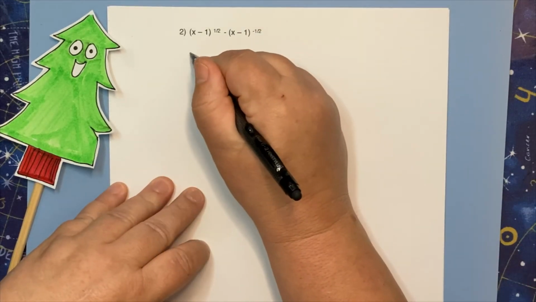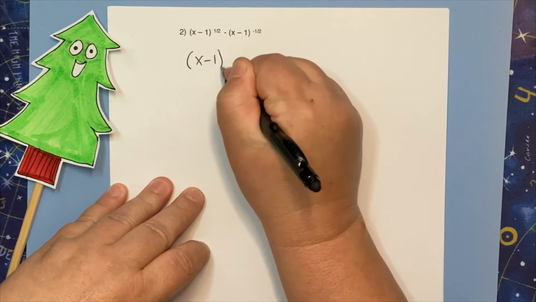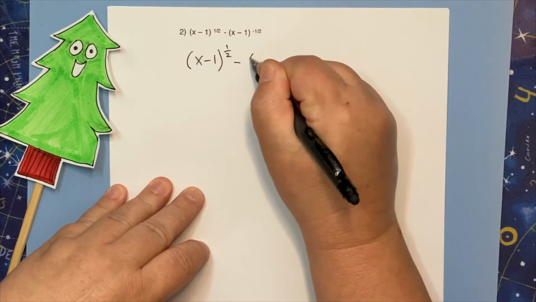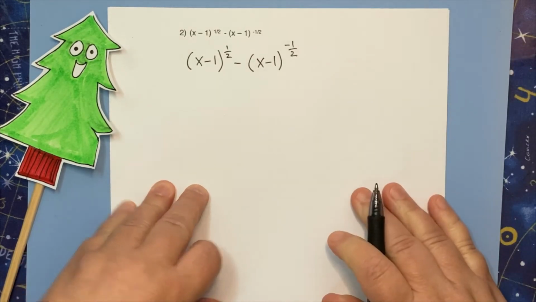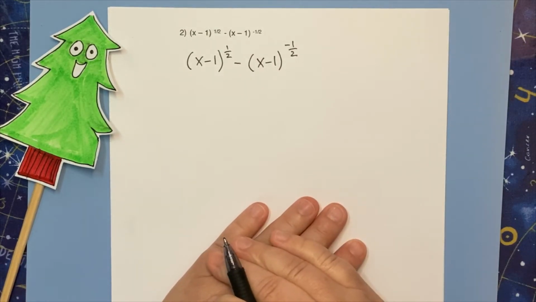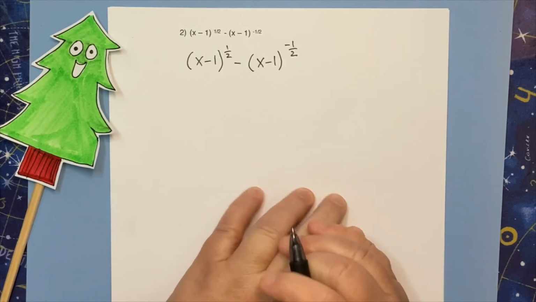You can do it. I've got x minus 1 to the 1/2 minus x minus 1 to the negative 1/2. Okay, so note, what is this actually saying?